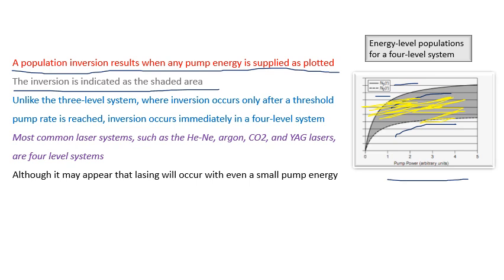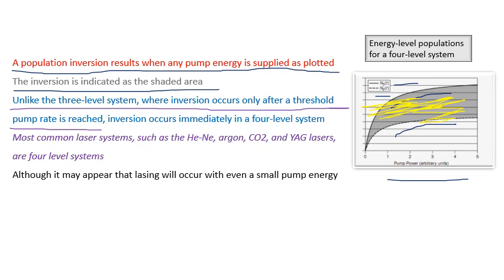Now what it is saying here, unlike the three-level system where inversion occurs only after a threshold pump rate is reached, strong pumping, threshold pumping, if the pumping level is low, then you cannot have population inversion.